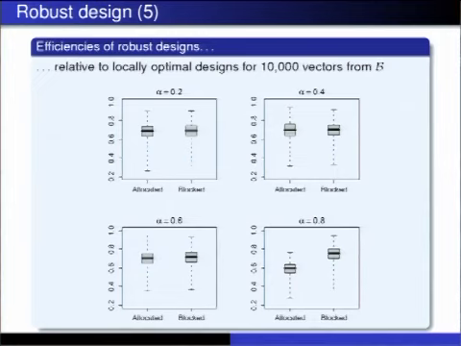So I've generated 10,000 vectors, found the locally optimal design for each one, and worked out the efficiency of my 2 robust designs. Basically, there's very little difference for alpha of 0.2, 0.4, and 0.6. It's only when our working correlation is quite high that there seems to be an advantage to actually including our blocks in our design search rather than just allocating the optimal unblocked design to blocks.